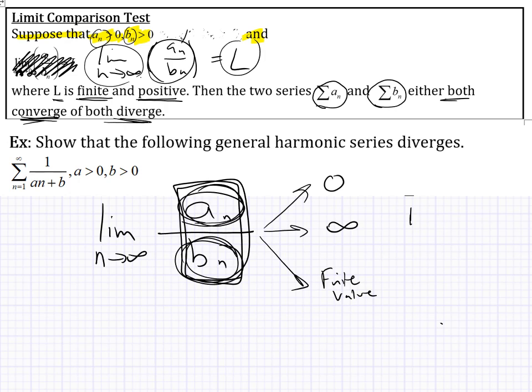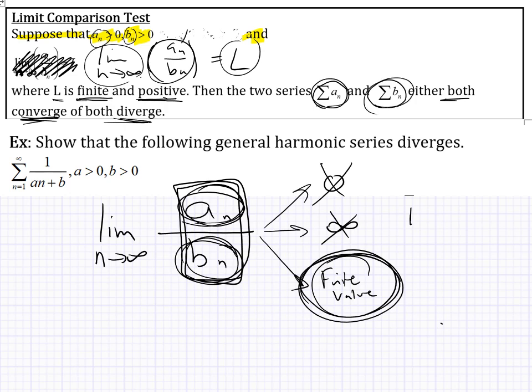And so we've discussed this. You've discussed this all the way back into pre-calc when you talked about horizontal asymptotes of rational functions. It's the same exact concept. So what this says is that if we get some finite positive value, not this scenario, but this scenario, then we can say that both series are doing the same thing. Why? Because the terms are growing at the same rate. Remember, we said the numerator and denominator would be growing at the same rate to be able to get this option.